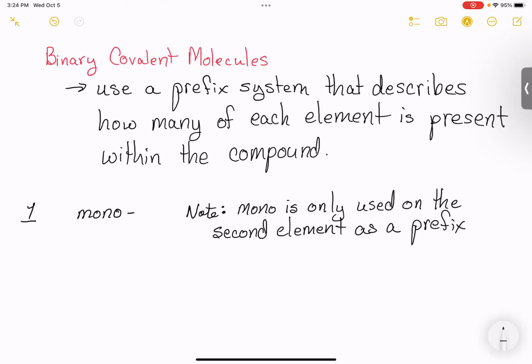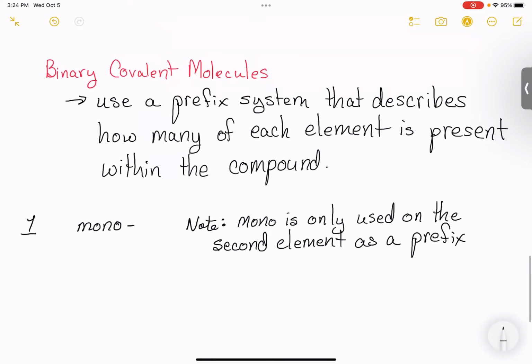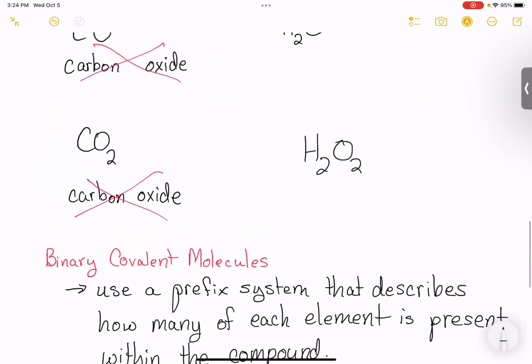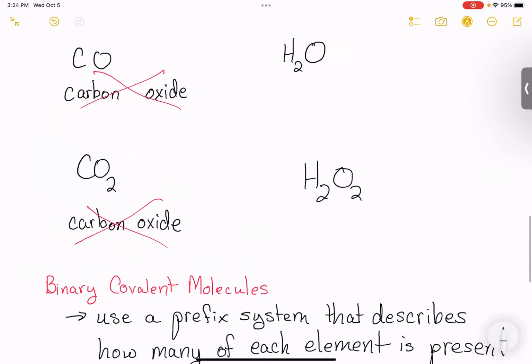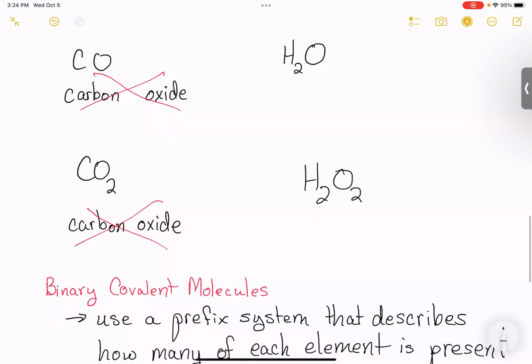What that means is, for instance, those examples I gave you earlier, where I had one carbon on both of them, I would not have put the prefix mono on the carbon.